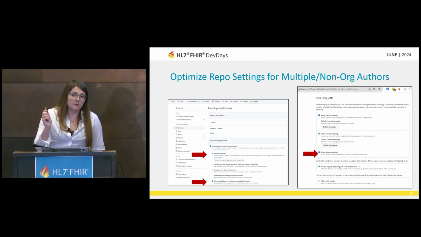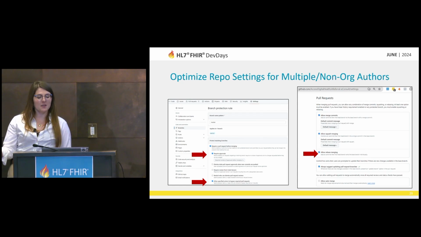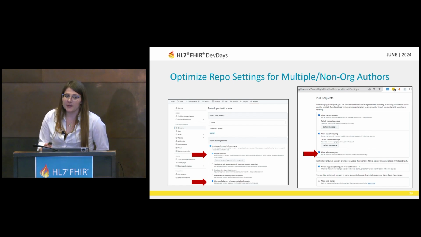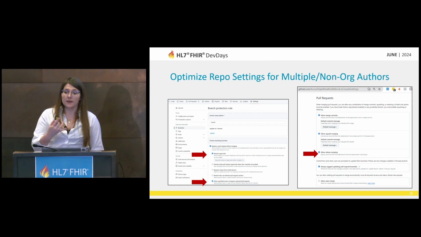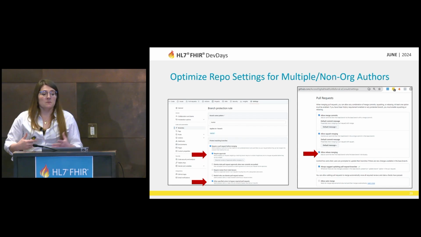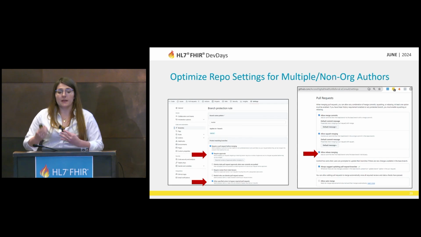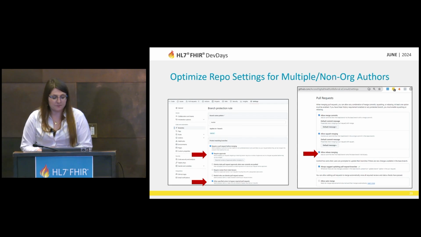Another note before we go into the phase where we talk about the actual editing. Particularly if you're working in a community developed guide, which I hope you start thinking about, there are additional repo settings in GitHub that can be helpful for managing the fact that you may have some staffed or semi-staffed authors and some community members who are very active in wanting to put in pull requests.